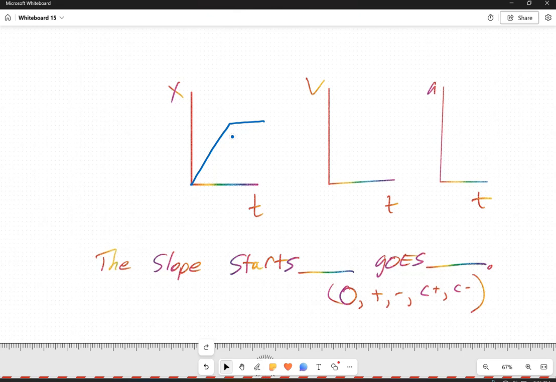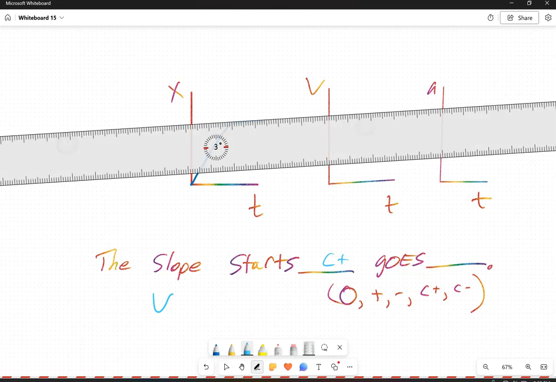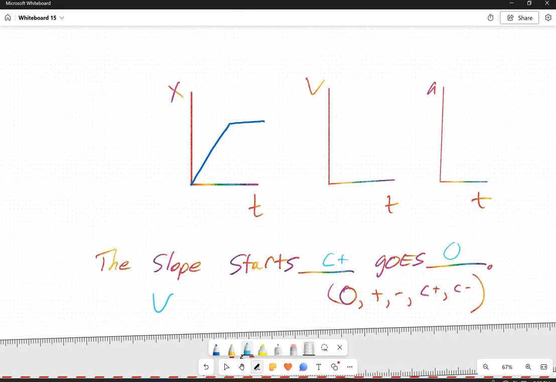And because we know that the slope of a position versus time graph is our velocity, instead of saying the slope, we can say the velocity starts constant positive, and then the slope goes to 0, which means our velocity will then go to 0.